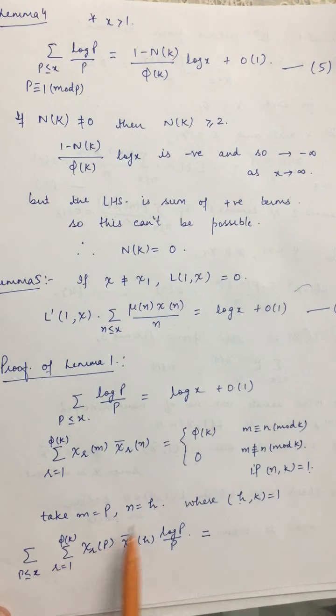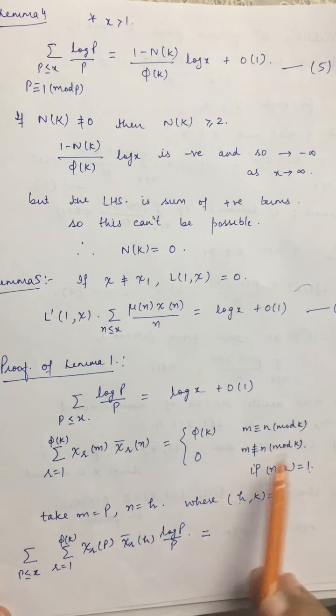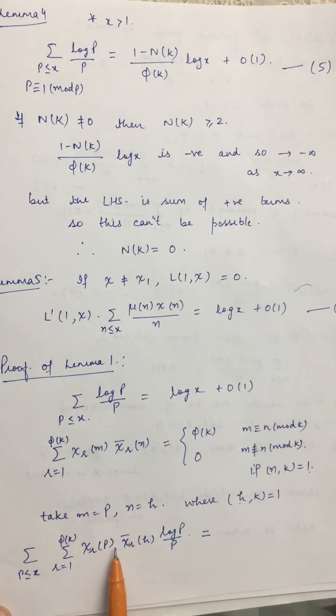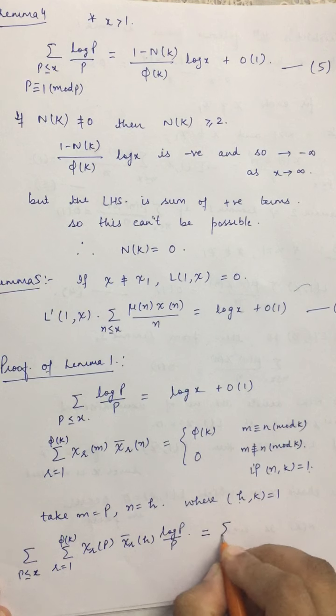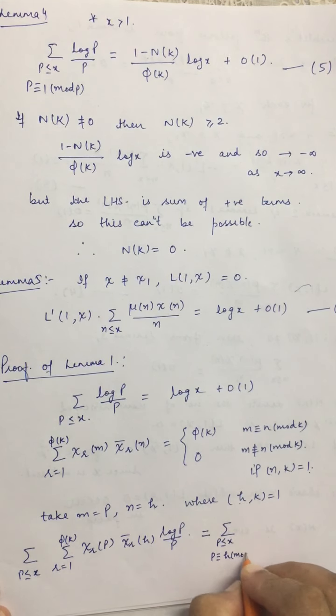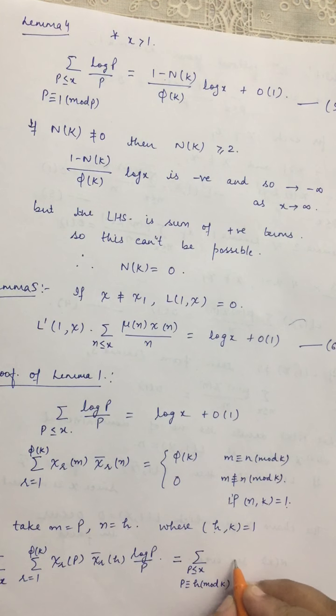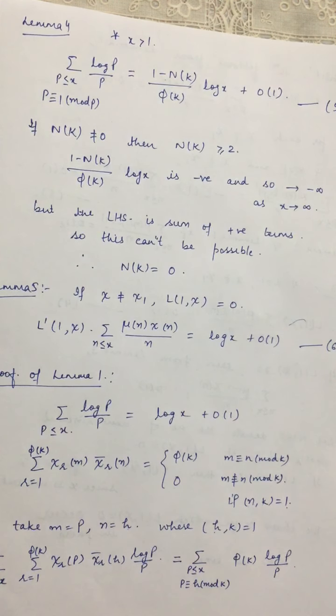For the primes p which are not congruent to h, this term is 0, so that sum becomes 0. The only sum we are left with is over the primes which are congruent to h modulo k, and for those primes this type of summation is just phi k, so it becomes phi k into log p upon p.